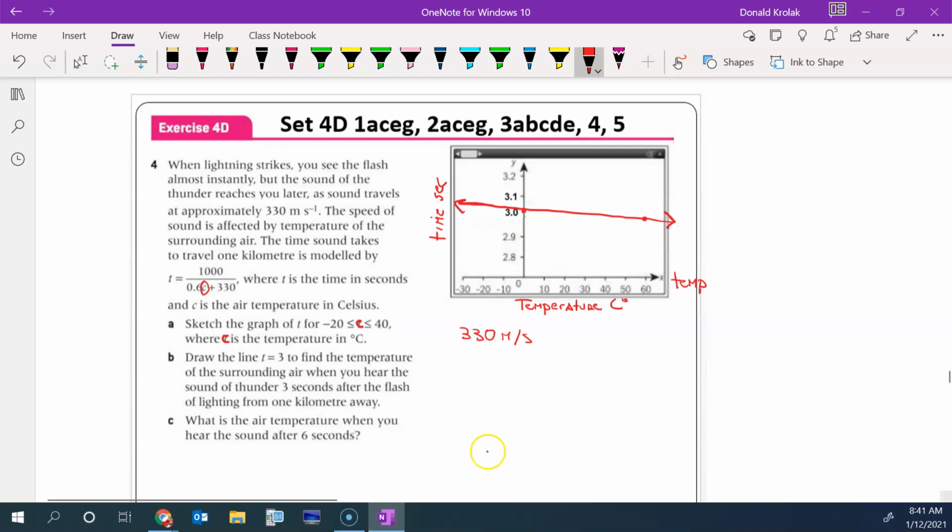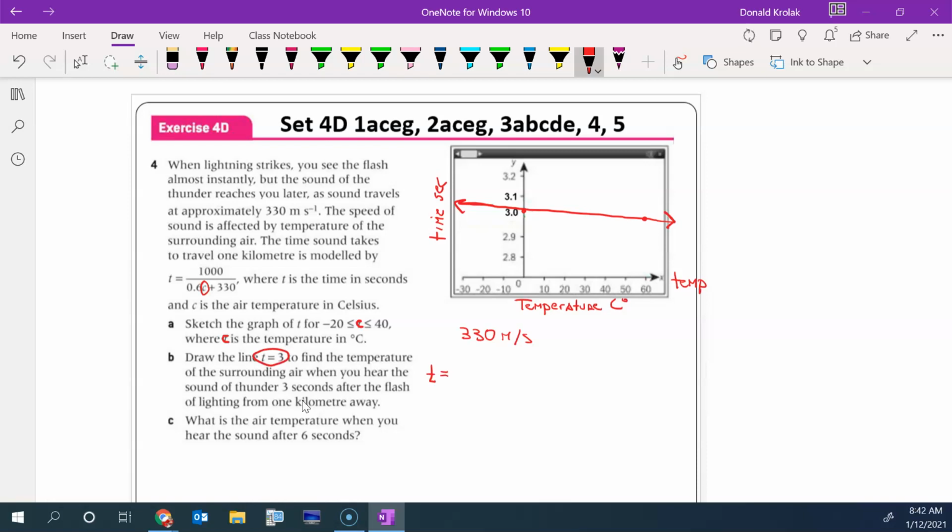Any questions on that part? All right, now it says draw a line at T equals 3 and find the temperature of the surrounding air when the sound of thunder is 3 seconds after the flash. So we're drawing a line at T equals 3.